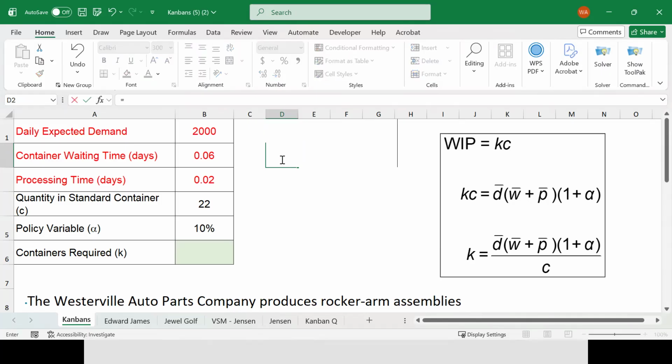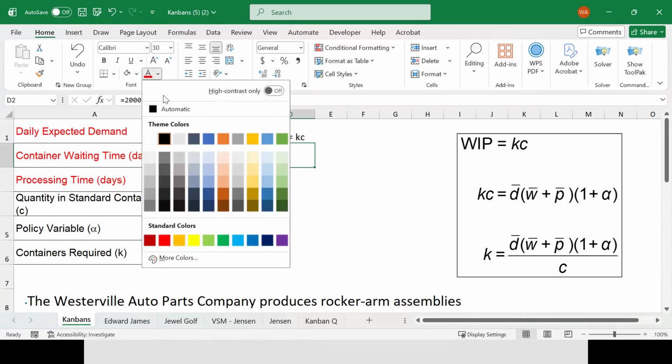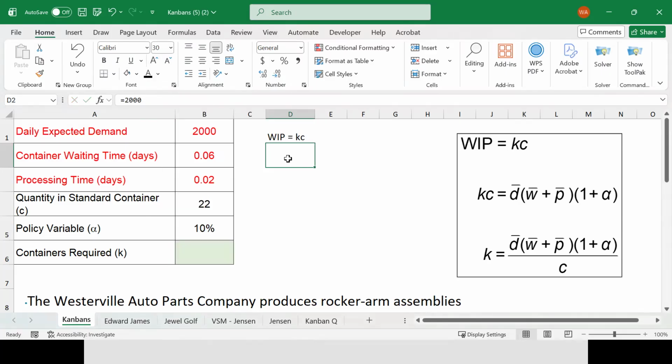My daily demand here, small letter d, doesn't look so small, so there's something wrong with what I have here. Okay, my daily demand is given as 2,000. Why is this not visible? Let's try it again.